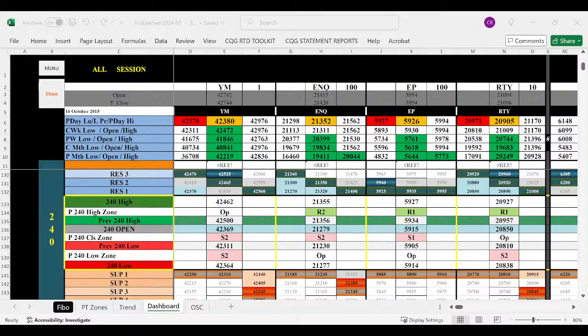So there are two ways we need to get ourselves focused. One is the alternate: if the weakness is to be seen, we need to see the break of 21300 or 21270, 280.